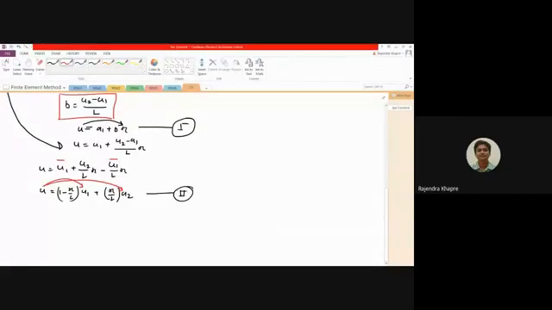So depending on the u1 and u2, the entire expression is going to get changed.